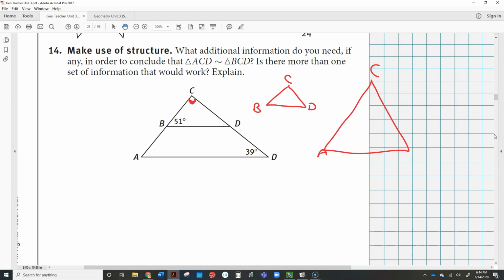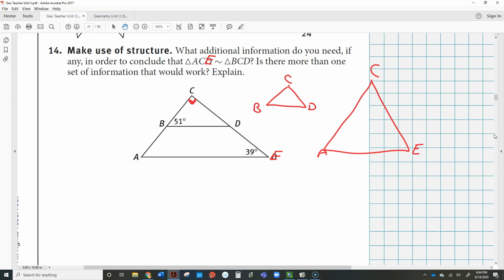Those should not both be named D. That's a typo. Let's change this one to E. So that's ACE, and this is BCD.